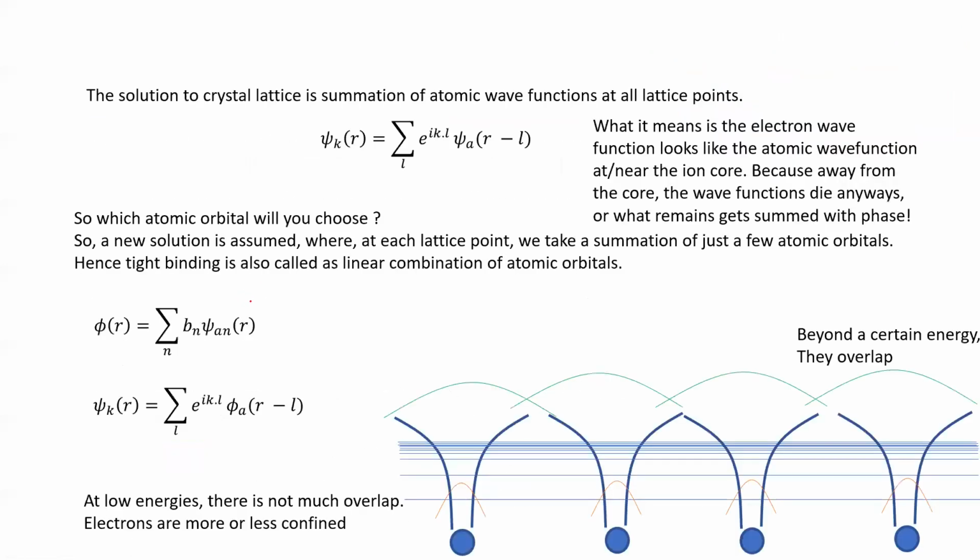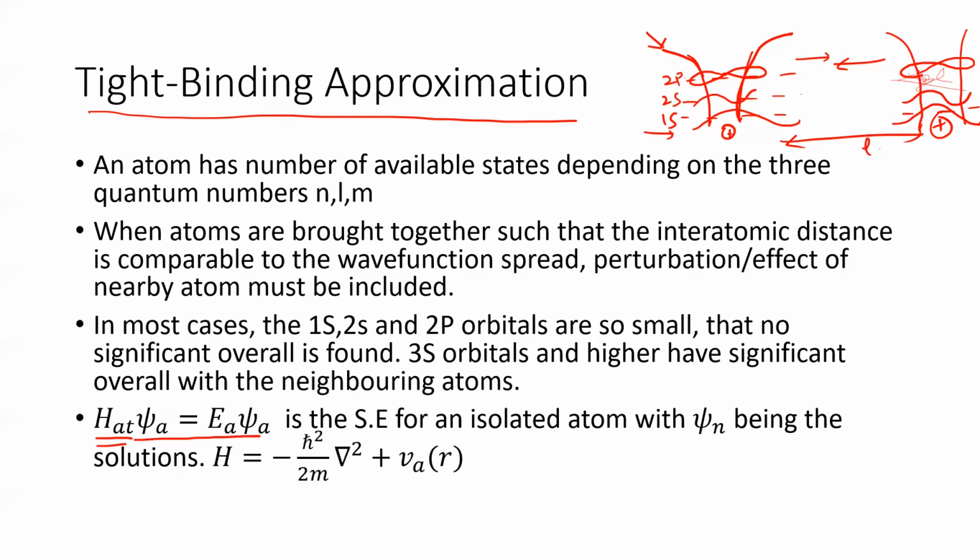So what we do is we write the perturbed Hamiltonian H as the atomic Hamiltonian HA plus del U. Del U is the perturbation, and we write psi k as the wave functions of atom in periodic potential.